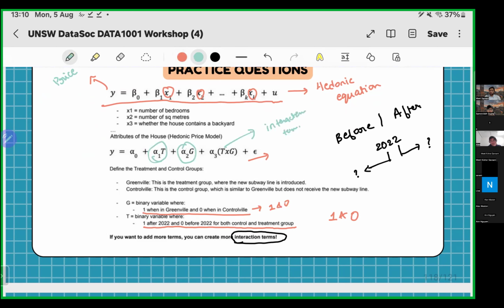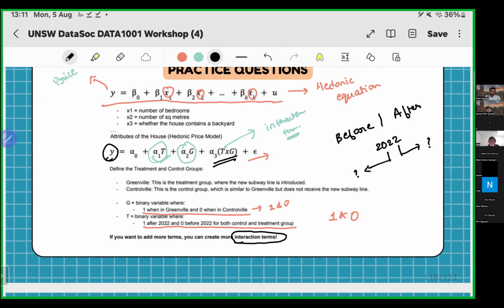Now you may have a question: what is the difference between the normal feature and the interaction term? How is the interaction term different from this? To summarize, the interaction term basically measures how the price changes with respect to both features together.